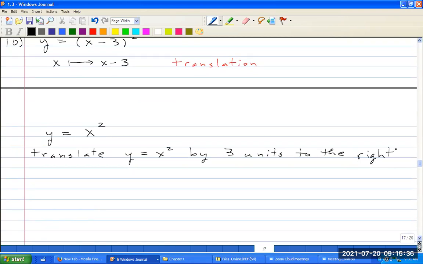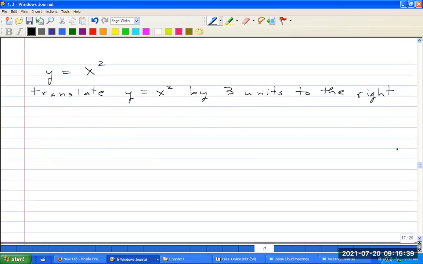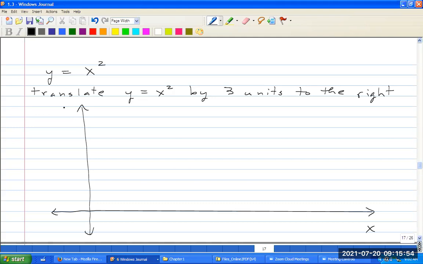Okay, and so let's do this. Let's start out with y equals x squared. So this is the graph of y equals x squared.